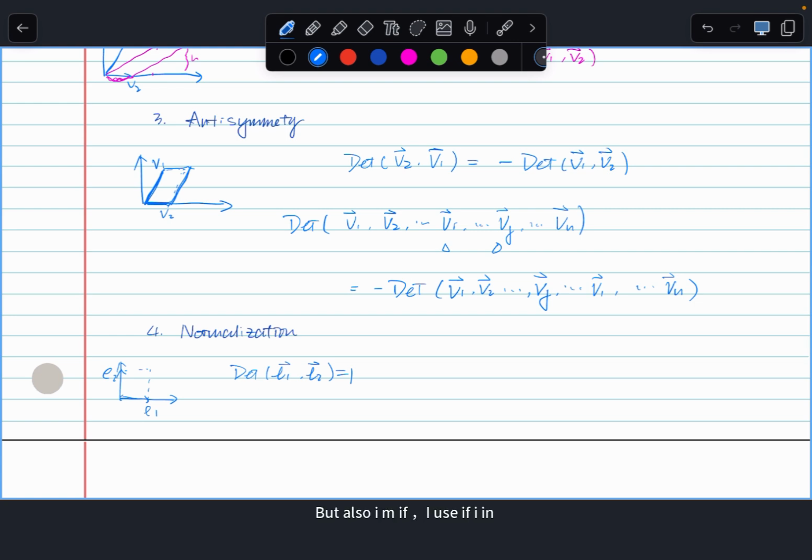Also, if we're in R3 and we have another dimension, E3, then we will have a cube, but the volume of this cube is also 1.